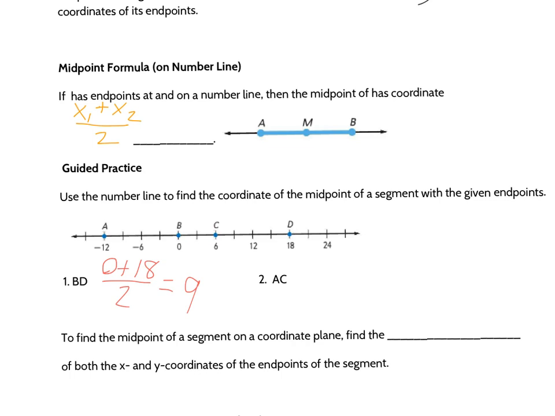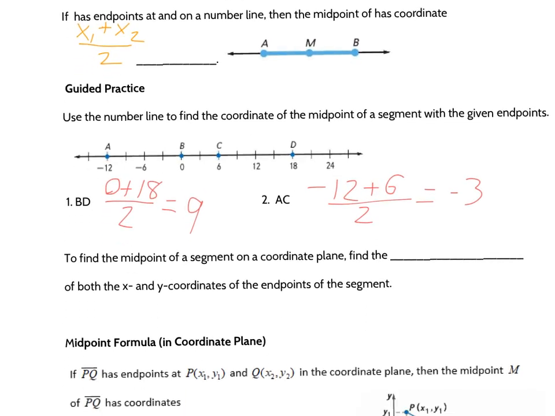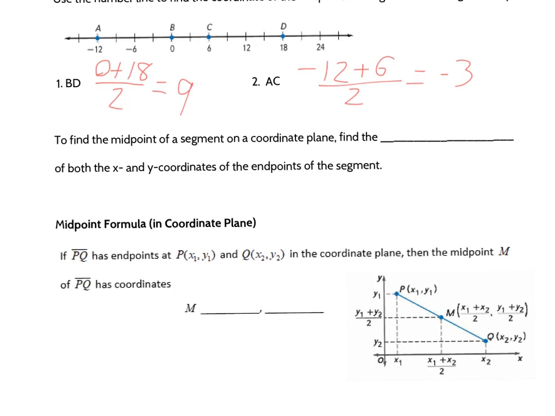AC runs from negative 12 to 6. So, negative 12 plus 6 over 2 gives us negative 3.